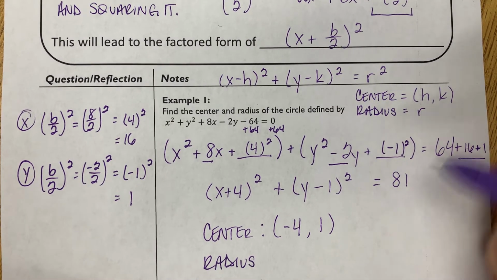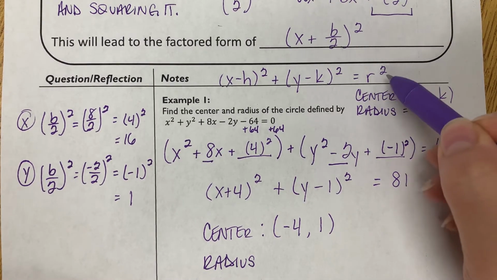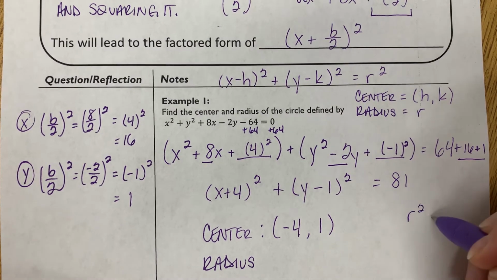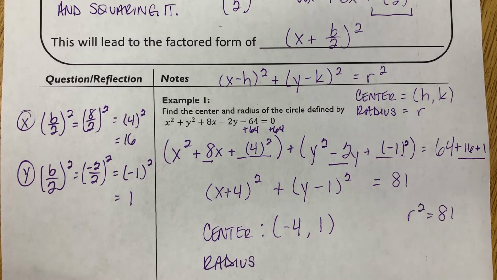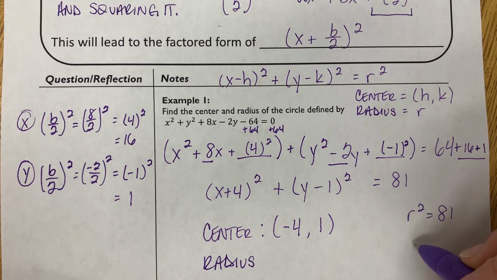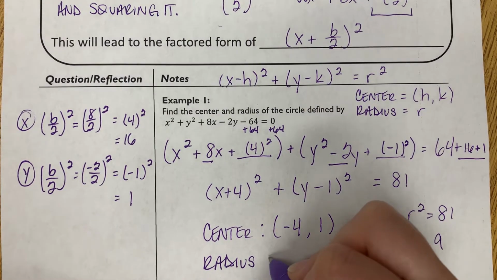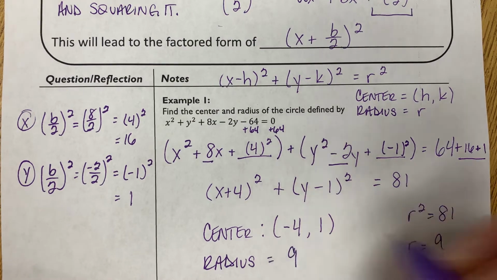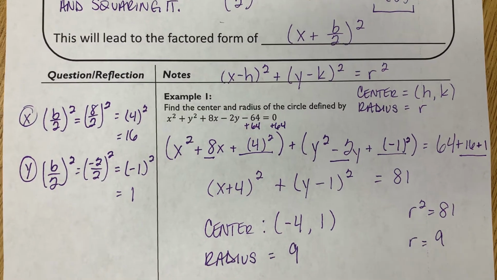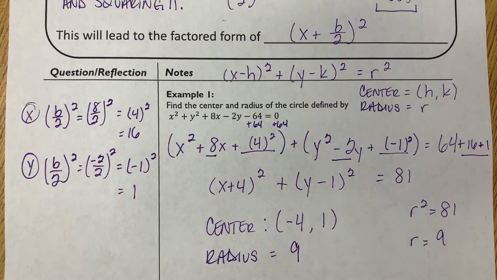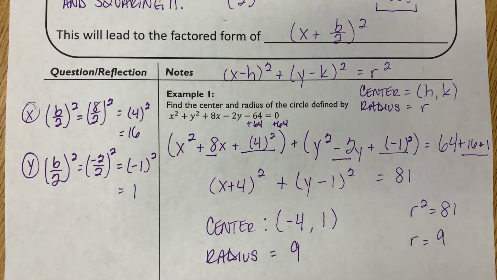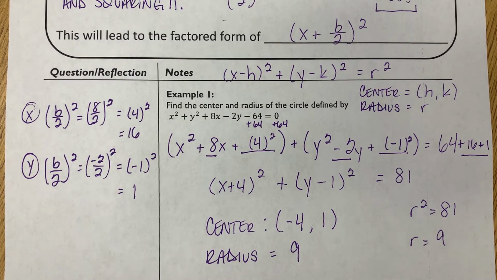Remember in the form, what's over here is r squared. So if r squared equals 81, then I would have to take the square root of both sides to give me r equals 9. So our radius here is going to equal 9. That's example 1. Take a moment, make sure that you have it all written down. We're going to move on to examples 2, 3, and 4.